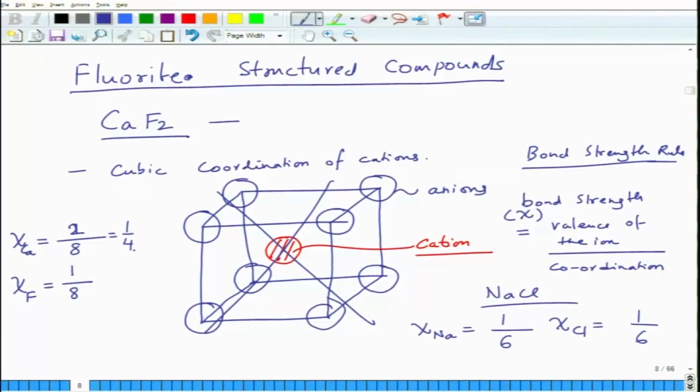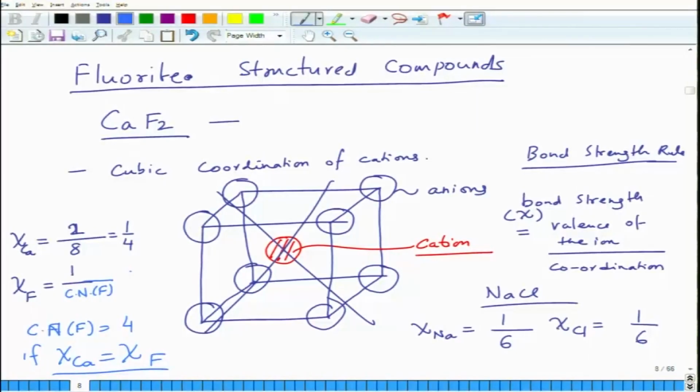For this to be equal, let us say the coordination number is unknown. If chi Ca is equal to chi F, the coordination number for fluorine will be equal to 4.